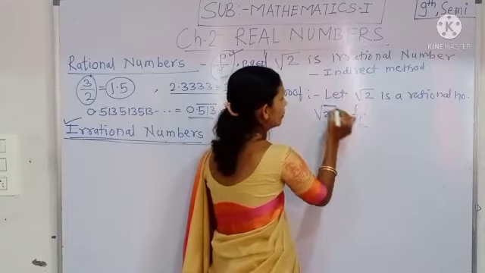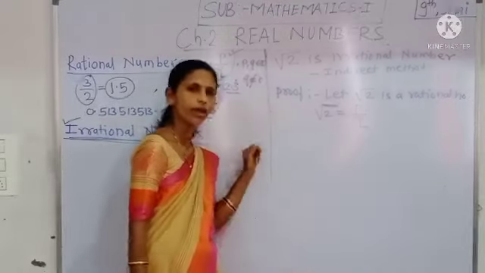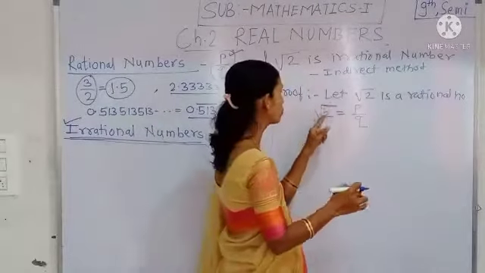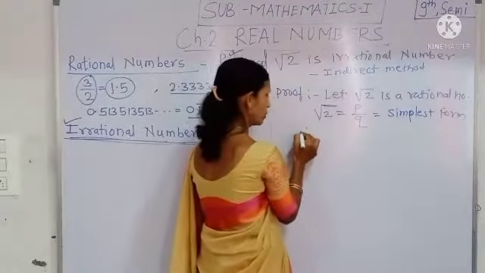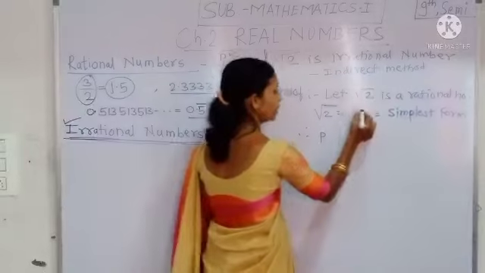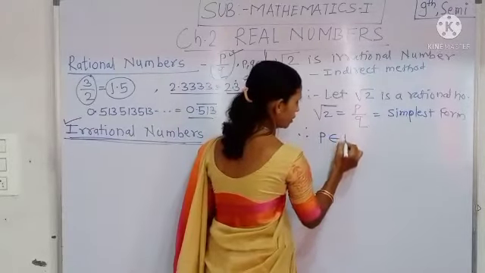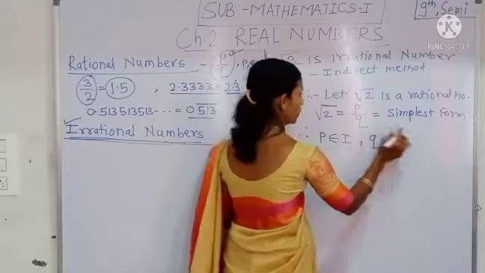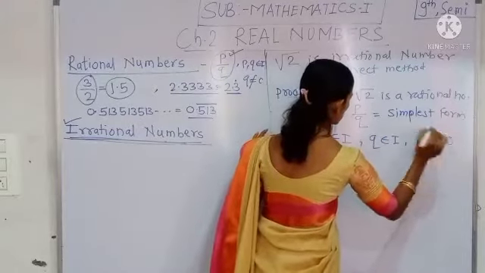Then if root 2 is a rational number, root 2 can be written in the form of P upon Q. And see here, P upon Q is the simplest form of root 2. Therefore, here P is an integer as well as Q is also an integer, but Q is not equal to 0.